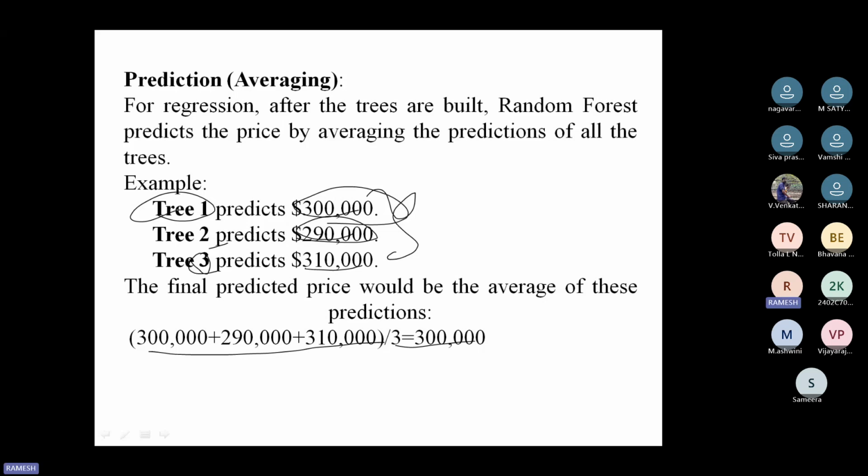Then how do we take the output? If it is regression, the average of all the models is the final output. If it is classification, the majority of the outputs is the final output. So this is the random forest example. Any doubts you can ask.